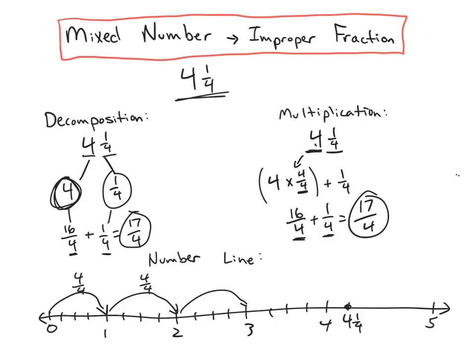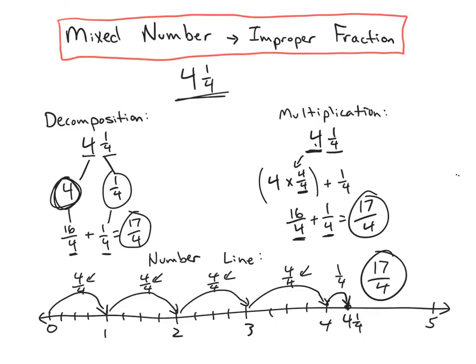So in a way, we're adding these 4/4 together. So 4/4 plus 4/4 plus 4/4 plus 4/4 is 16/4, and then we jump one more fourth, and that gets us to 17 fourths in total.